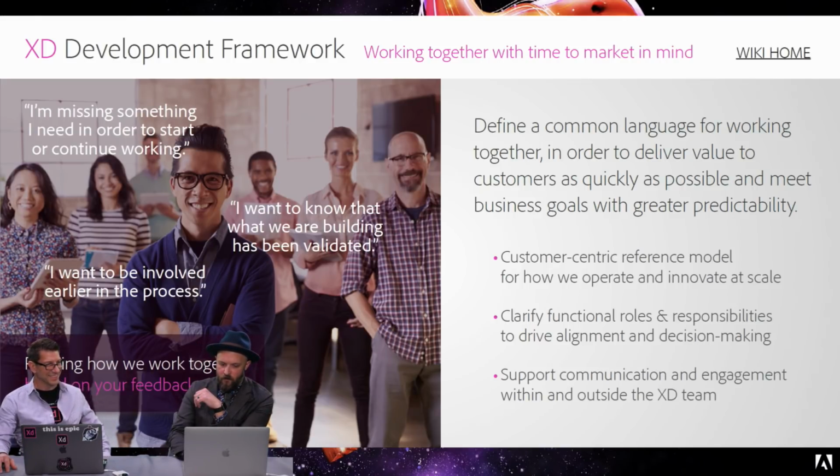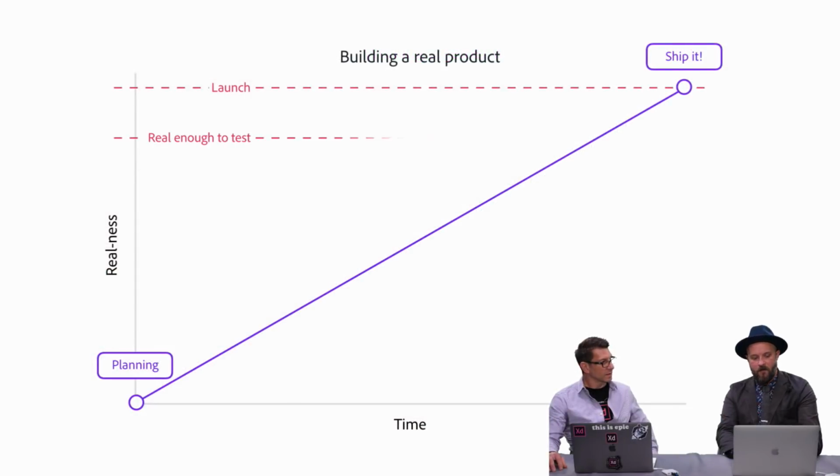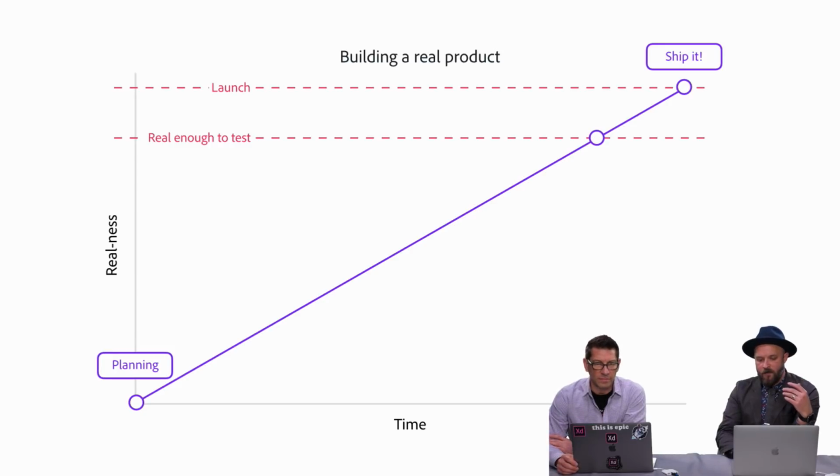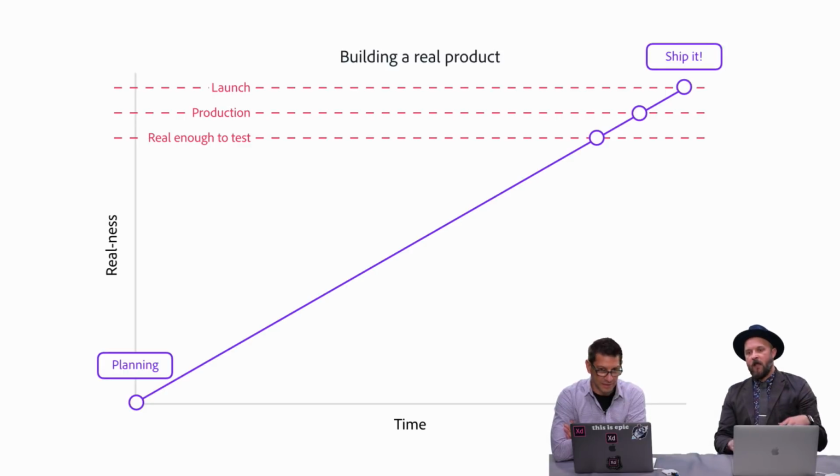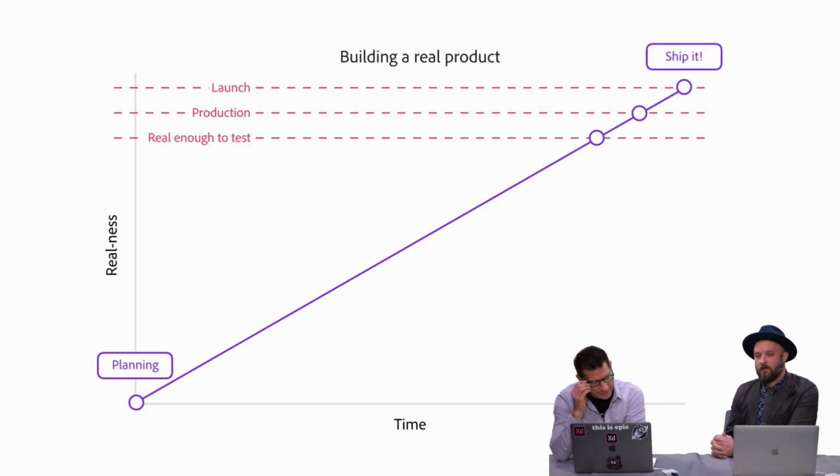I'm trying to pull something up here in real time, because the phases thing really resonated with me. I don't know if I have the original version, but I did a presentation a while ago where I talked about what the software development process was in the past.